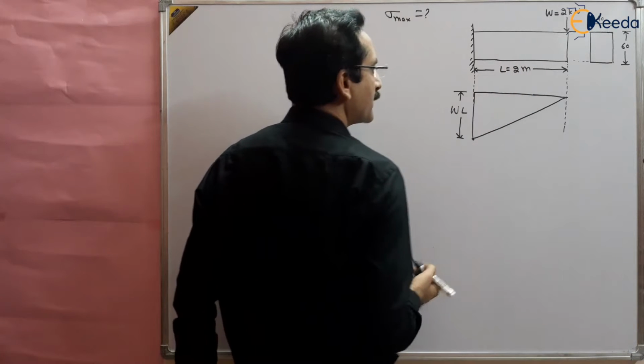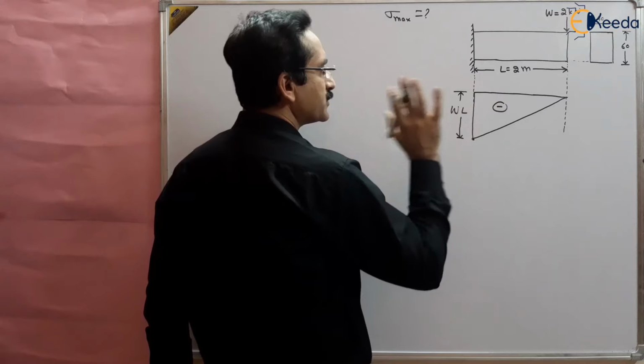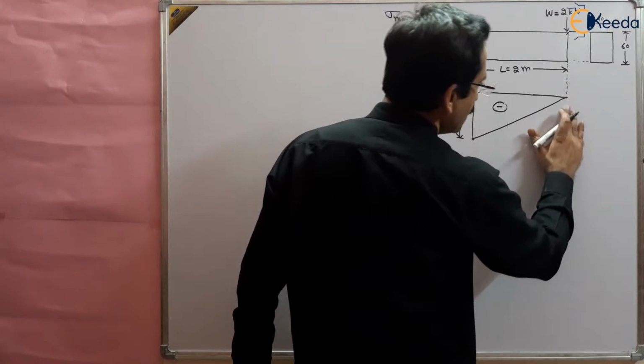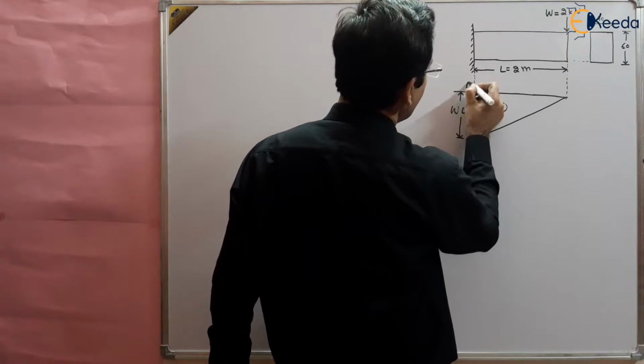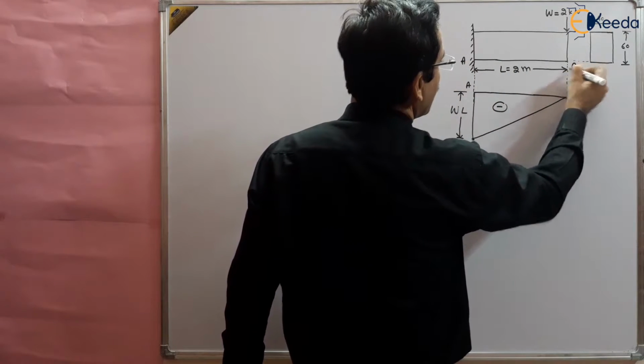This is negative, but it doesn't matter, negative positive is our sign convention basically. So this is the bending moment obtained at the end.